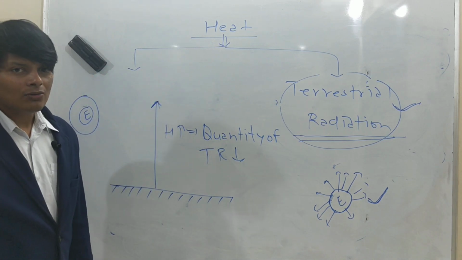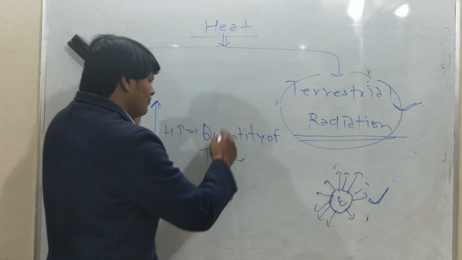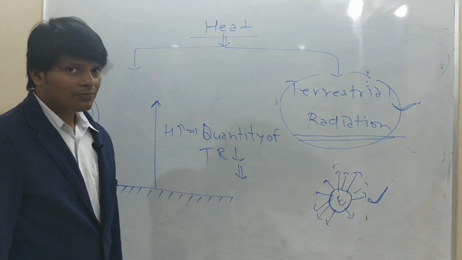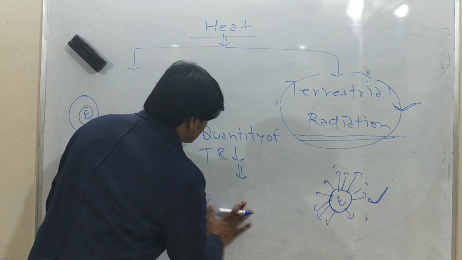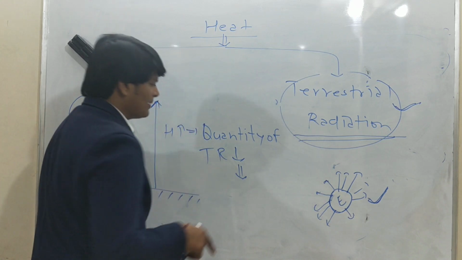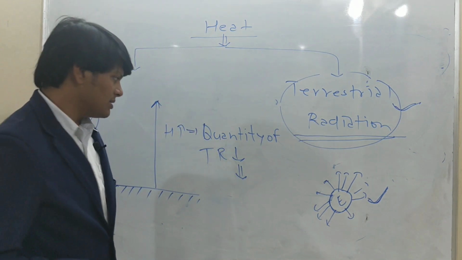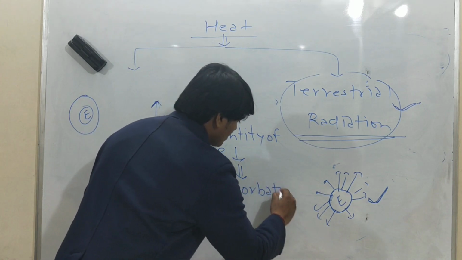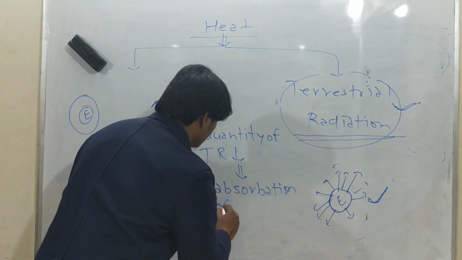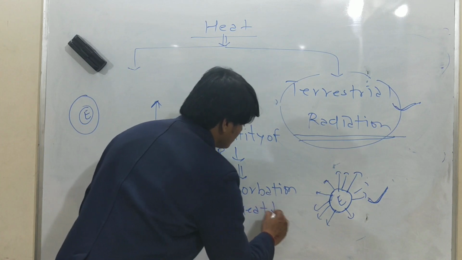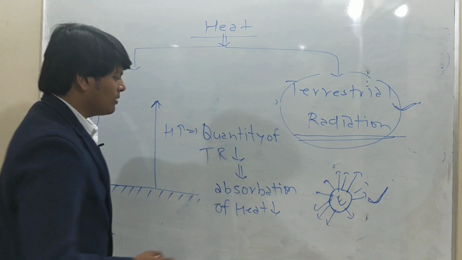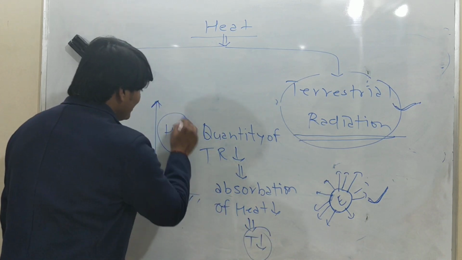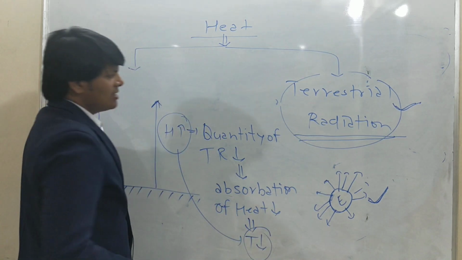So if the quantity of terrestrial radiation is decreasing, the absorption of heat also decreases, and the temperature decreases. So with increasing height, the temperature decreases.